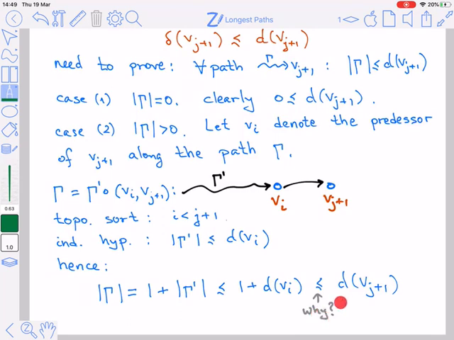This is because the delay of Vj plus 1 was taken to be 1 plus the maximum delay of a vertex from which there exists an edge to Vj plus 1. And when we took this maximum, we also included in this maximum the delay of Vi. So we know that the delay of Vj plus 1 is greater than or equal to 1 plus the delay of Vi, and this completes the proof.